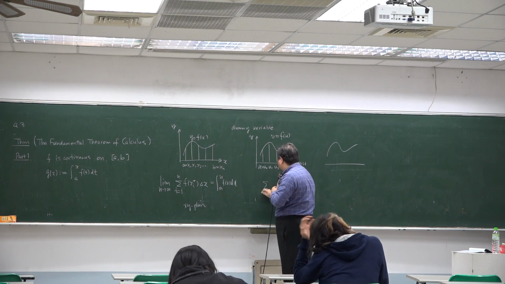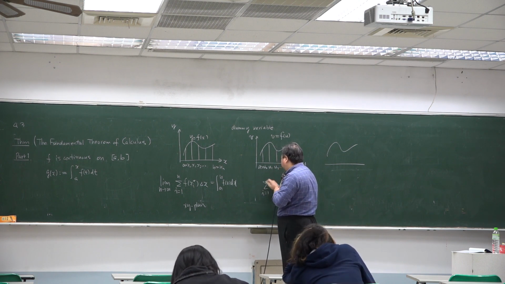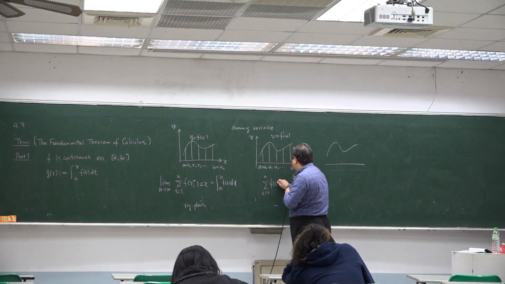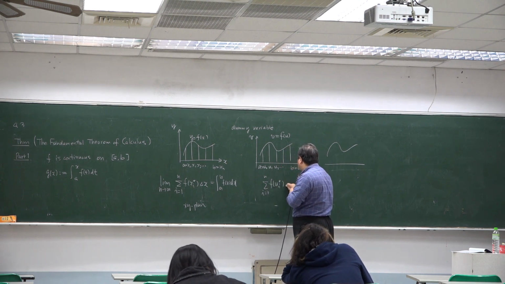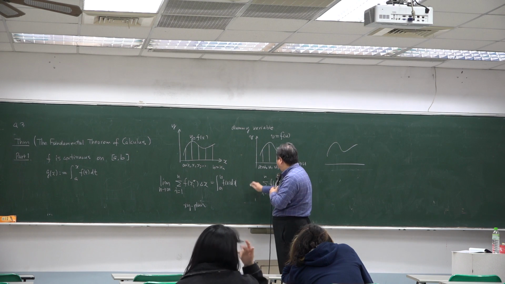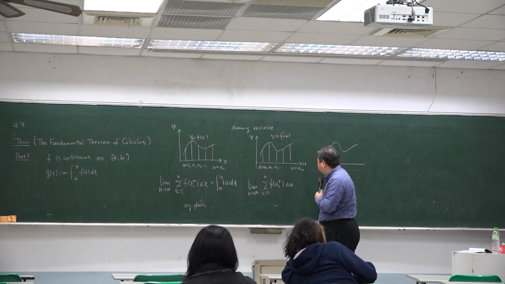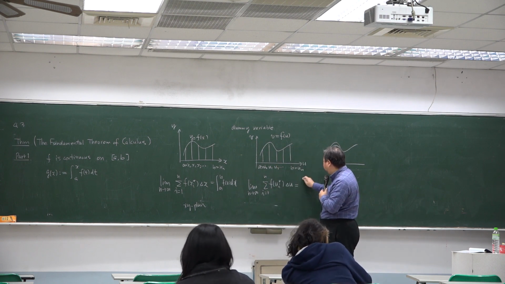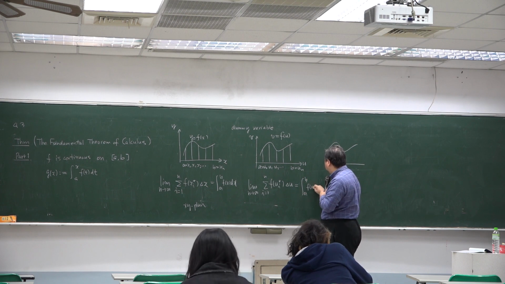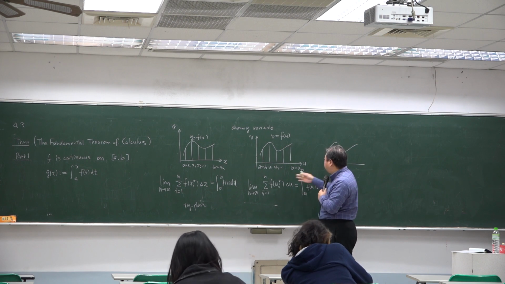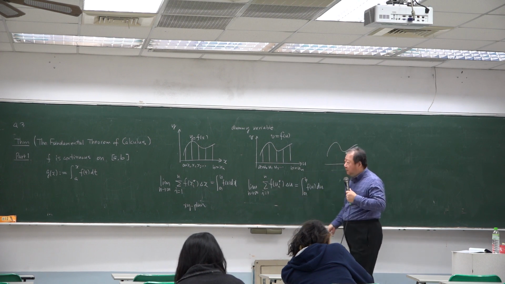And the Riemann sum will be the sum from i equals 1 to n of f of ui star delta u. So we express this limit of Riemann sum as the integral from a to b of f of u du, exactly the same object.